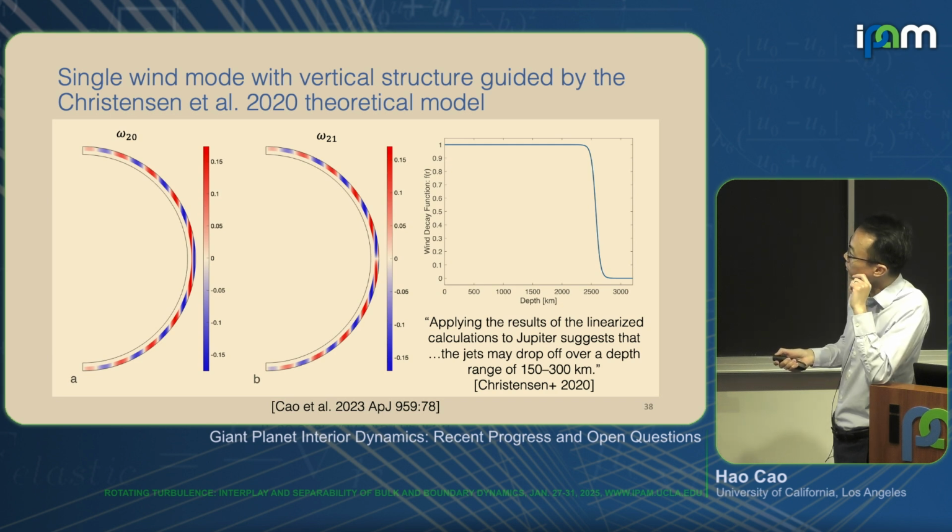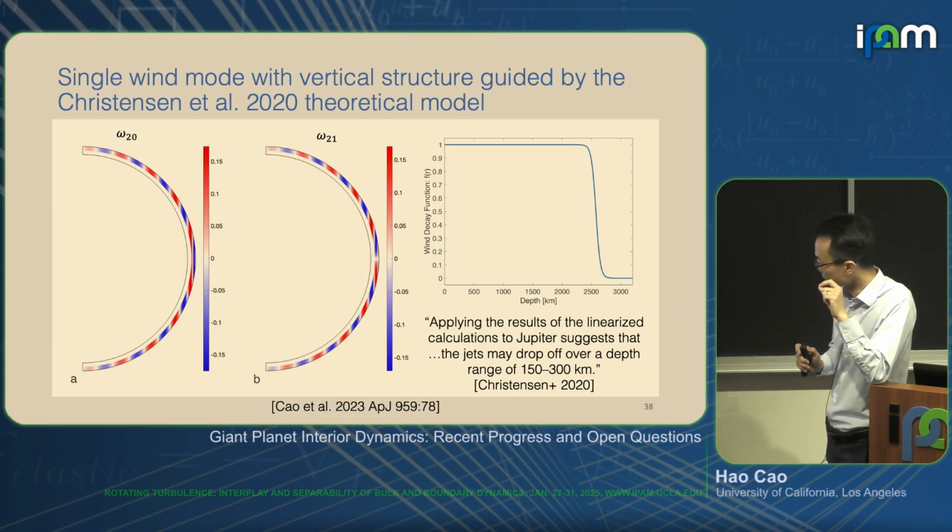For example, this is just a kinematic profile, a degree 20 spherical harmonic. Then I project them along the z-axis and truncate them at a particular depth. I give this wind to my interior density profile, and then I can calculate the JNs associated with this set of winds.